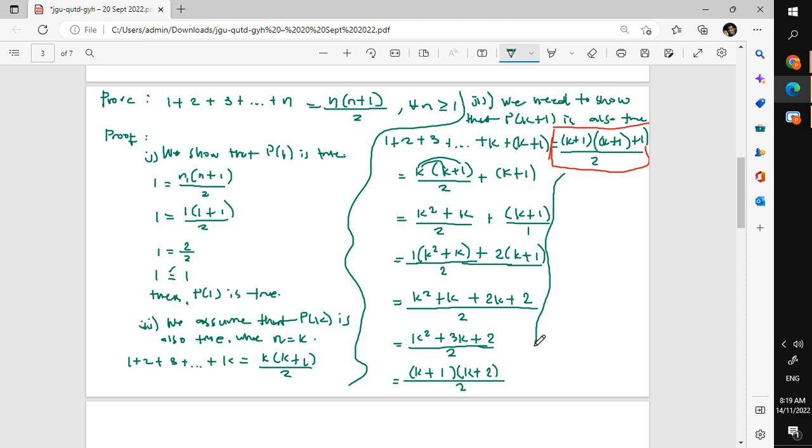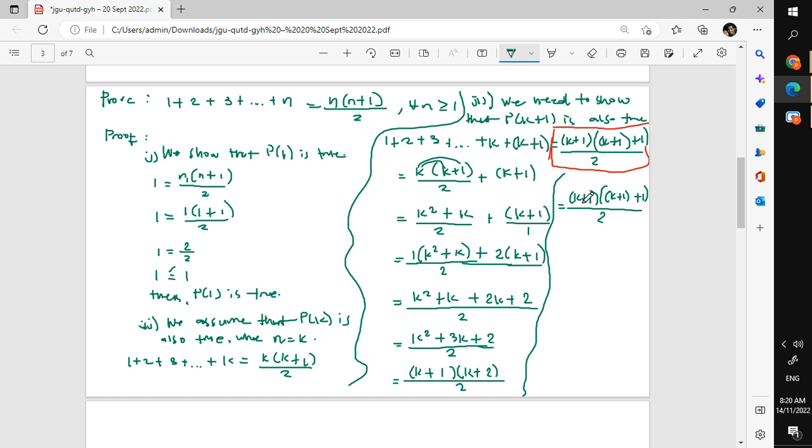So we will break it down. We already have k plus 1, and then k plus 2 can be broken down into k plus 1 plus 1. Copy the denominator, all over 2.